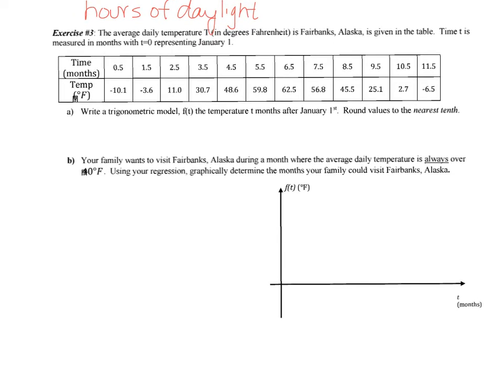So if I found this value, I would get that f of t equals 37.4 sine of (0.5t minus 1.7) plus 26.5.